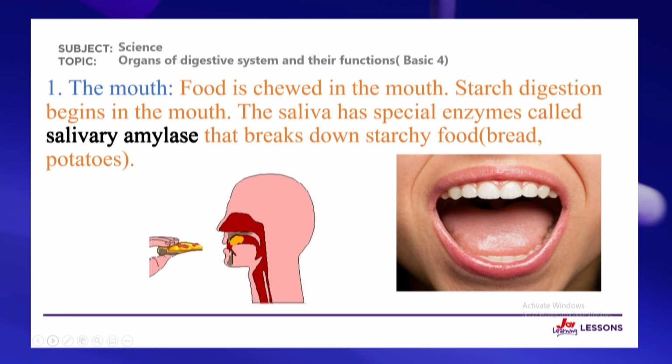So anytime you take in food and the food is carbohydrates or starchy food, digestion of starch starts in the mouth because an enzyme known as amylase is produced in the mouth by the salivary gland.